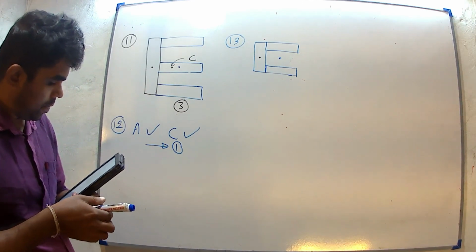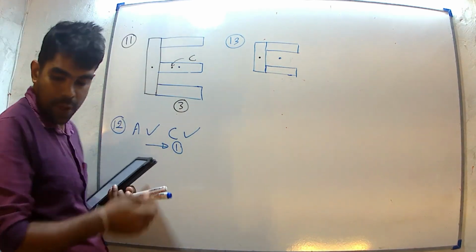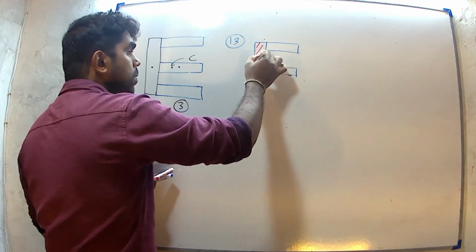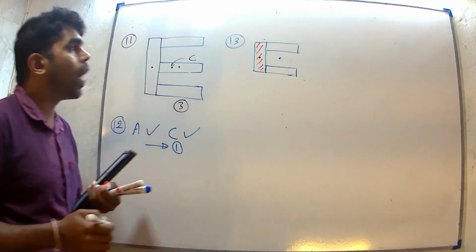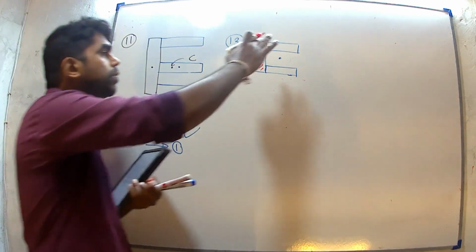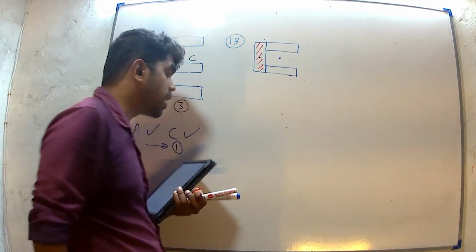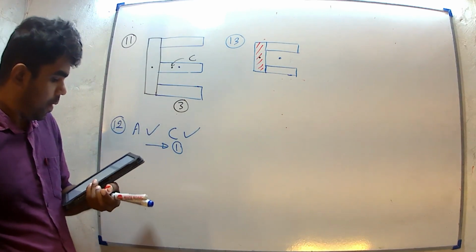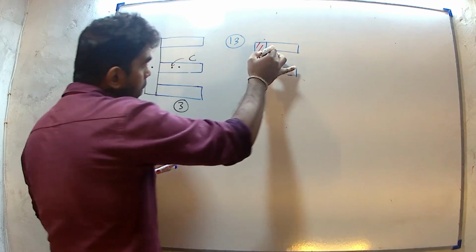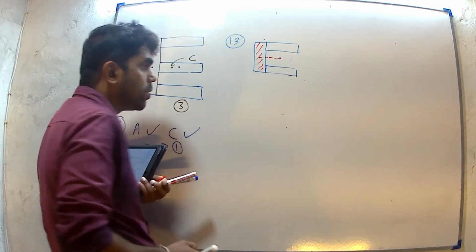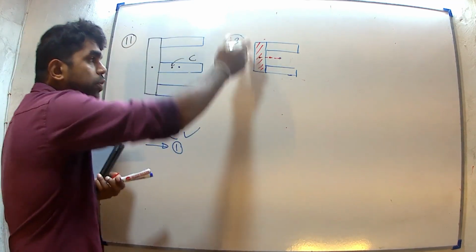And they have given that weight of this part is twice the weight of horizontal part. Then center of gravity should be in this straight line and it should be near to this vertical part.